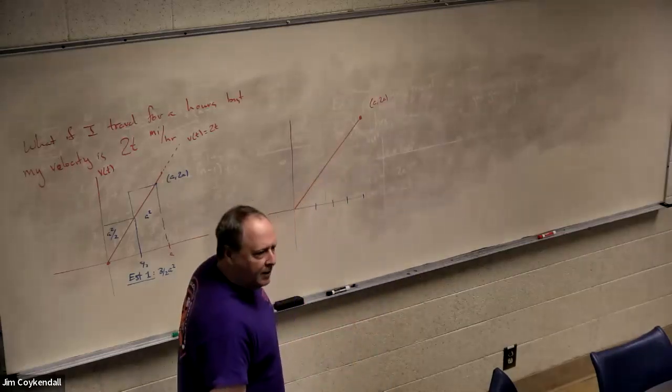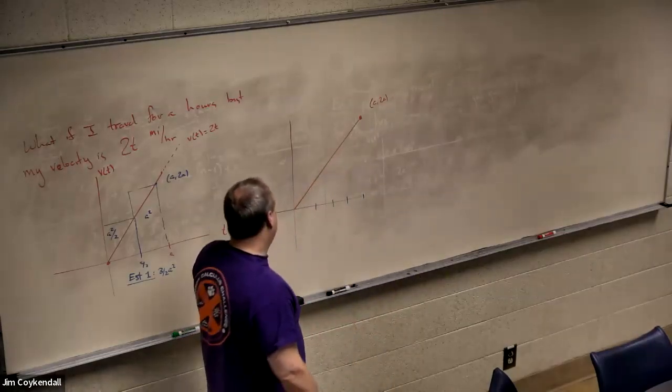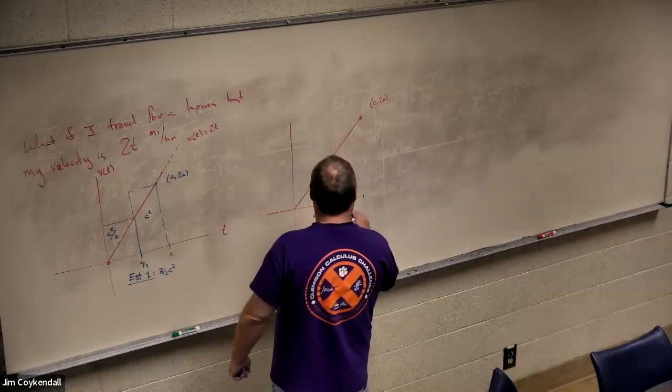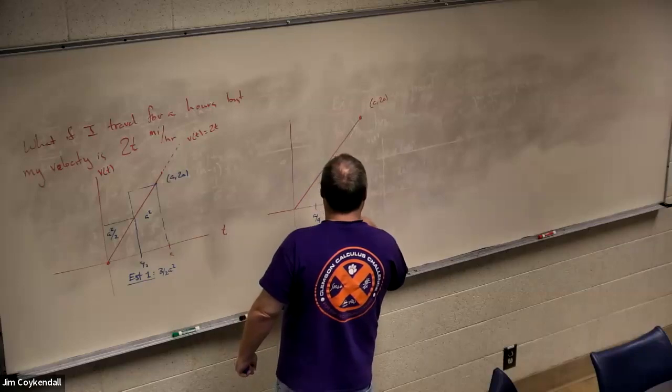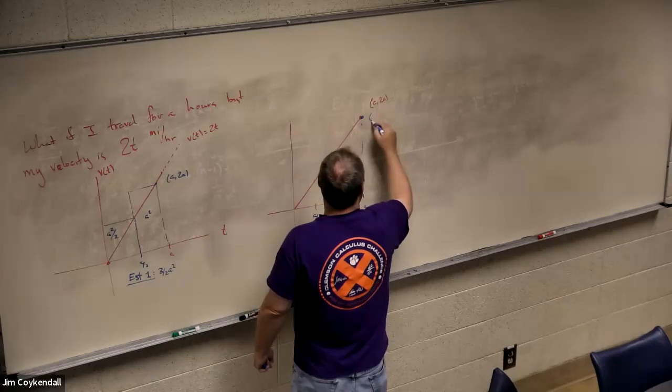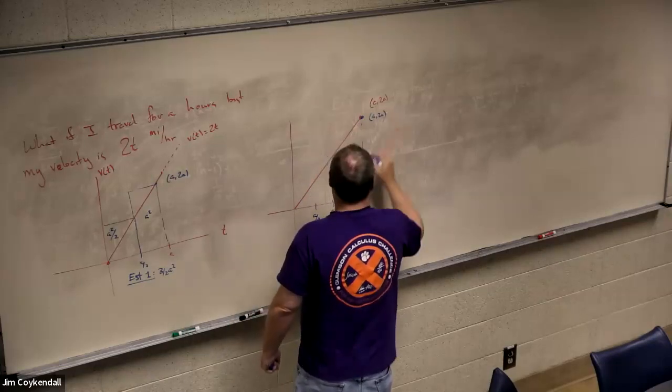Let's break this up into 4 pieces. This is A over 4, A over 2, 3A over 4, and A. So my height here is point A, 2A.